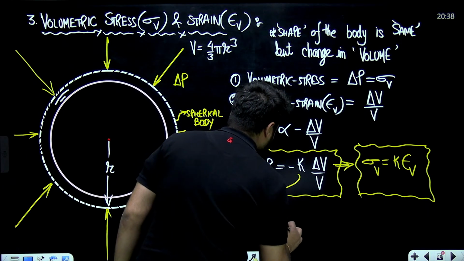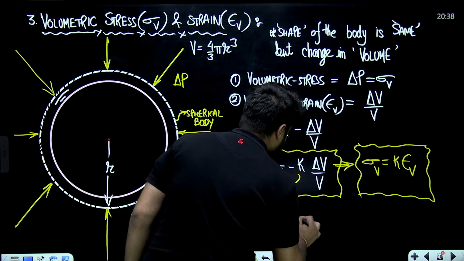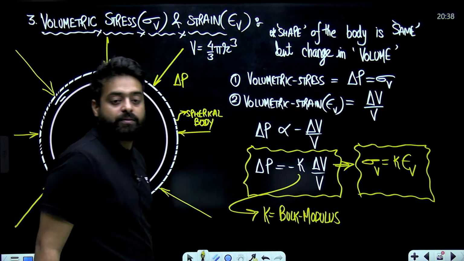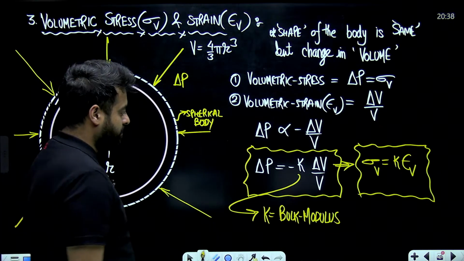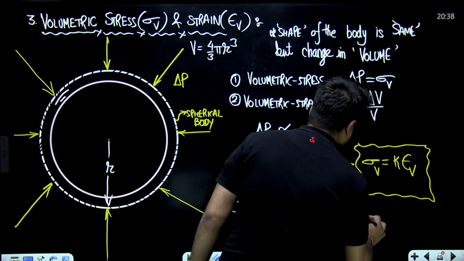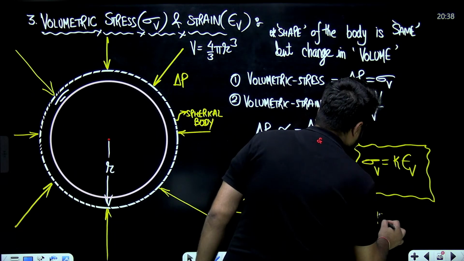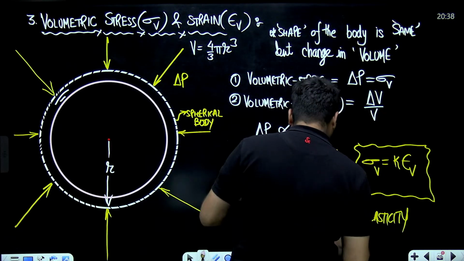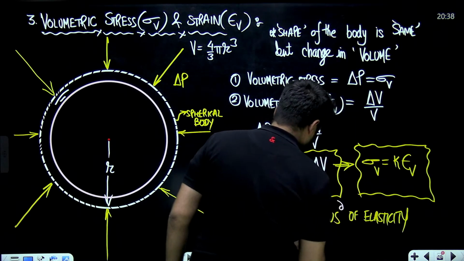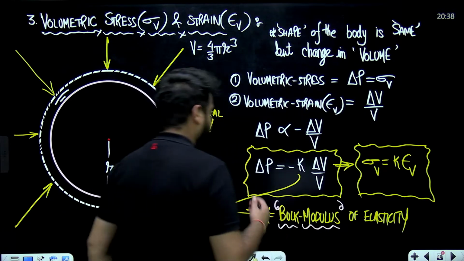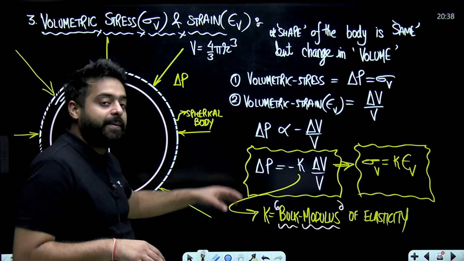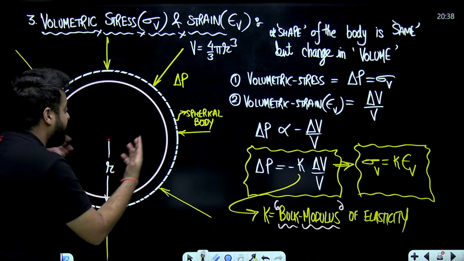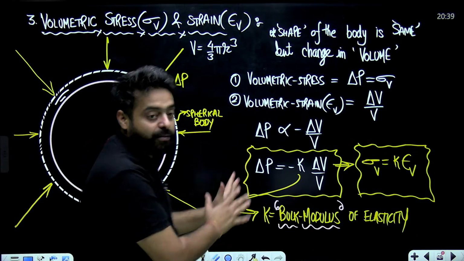But the most important part is this K. You know this K is called the bulk modulus of elasticity. Many people find it difficult to remember this. Very simply, in bulk, the whole body's volume gets decreased. That's why it is called bulk modulus.